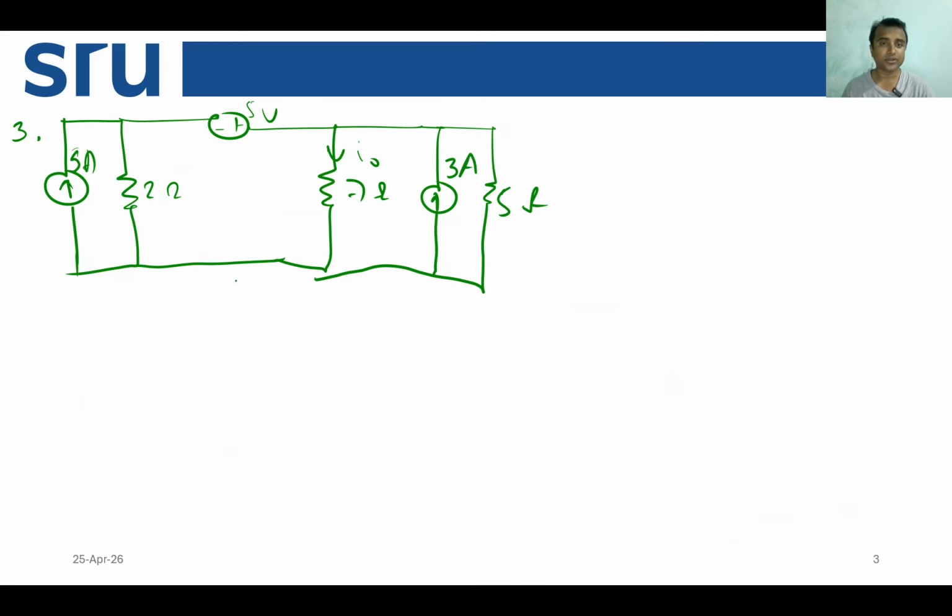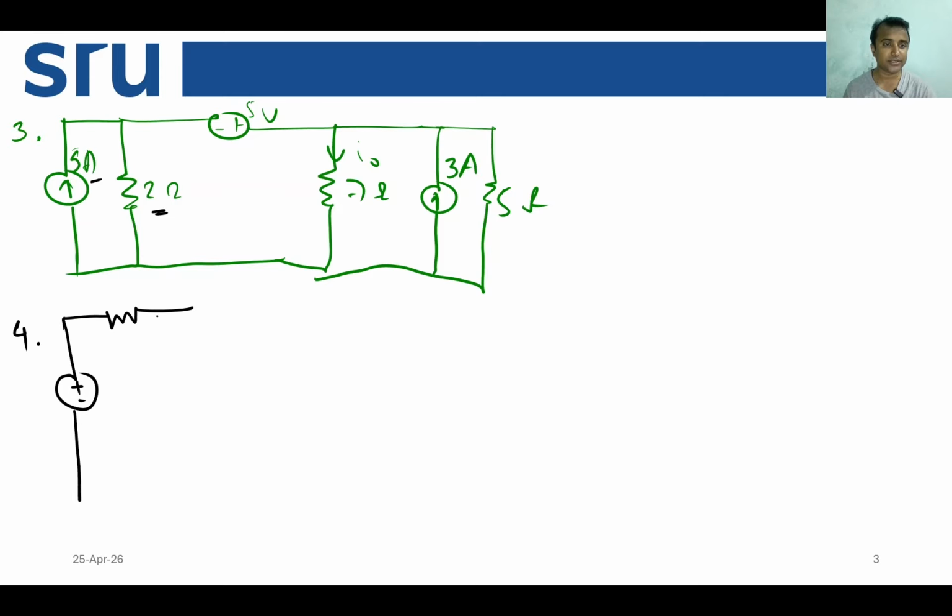Now you can see that this 5 ampere source and 2 ohm resistance are connected in parallel, so we can convert them into a voltage source and a series resistance. So for circuit 4 we have a voltage source, and as the current is from down to top, the polarity of the voltage source will be like this.